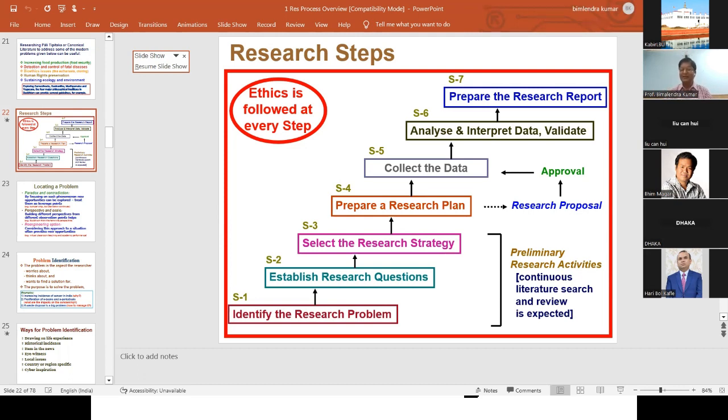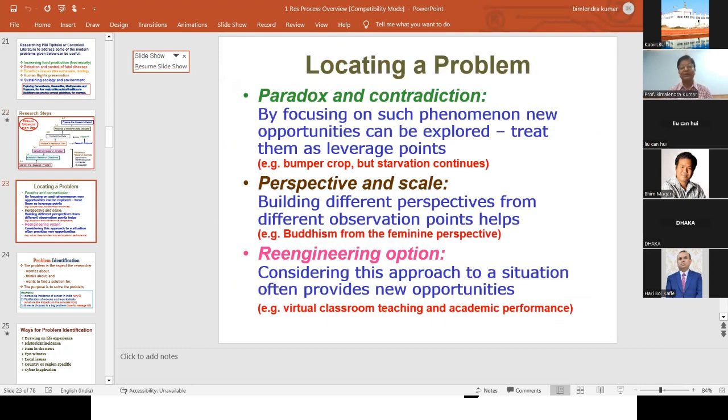We are starting from the first: how we have to identify a research problem related with the topic of one's research. So how do we locate the problems? There are some things, such as focusing on phenomena where new opportunities can be explored; treat them as leverage points.